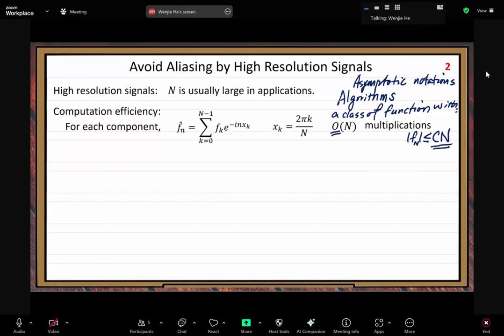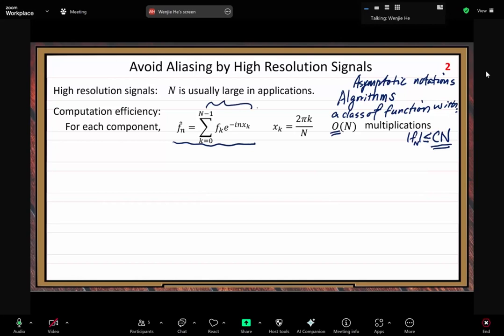The computation you need to use to calculate this function, or apply this algorithm. Because you have an algorithm, right? When you calculate this number, you use this formula.